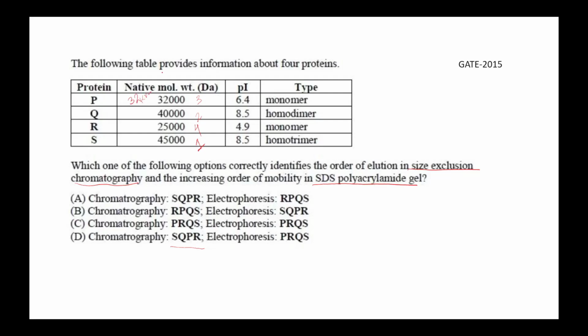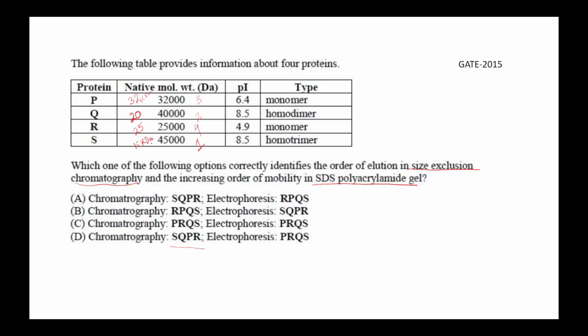The second one, Q, is a homodimer, so in SDS-PAGE the dimer will be separated, and since it is a homodimer, both are the same protein subunits, individually 20 kilodalton. The R protein is also a monomer, so it will remain at its native size. The third one, S, is a homotrimer, that means three copies of a similar subunit, individually 15 kilodalton. So all three will migrate at the same level, according to the size, that is 15 kilodalton.